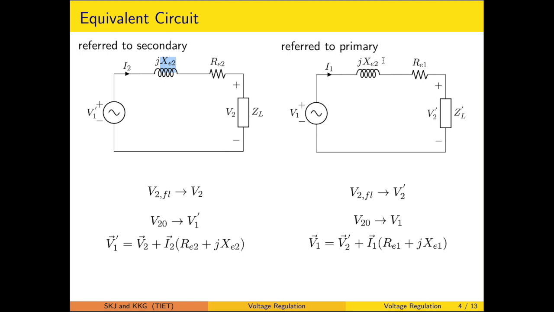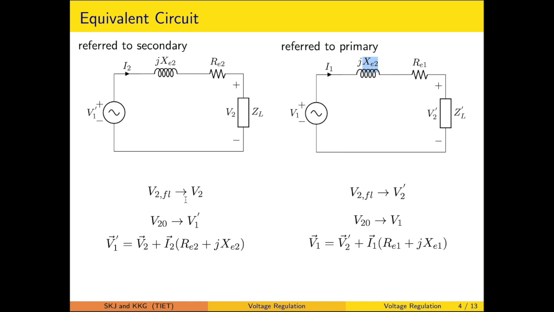While referring the transformer equivalent with respect to the primary, the secondary side parameters are referred to the primary side, and the net resistance is represented as Re1, net reactance is represented as Xe1.